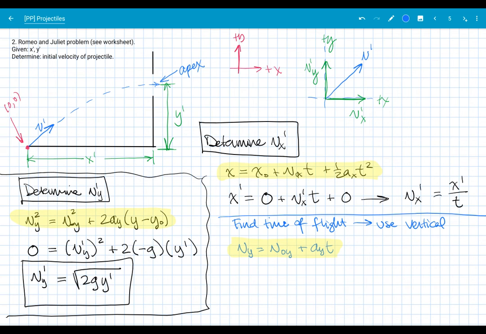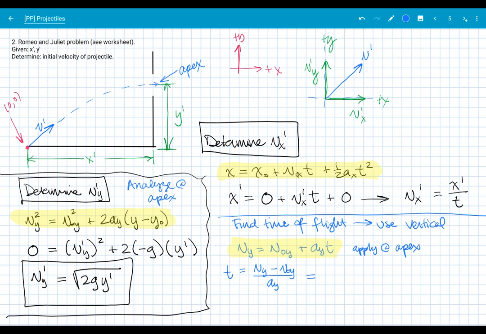So if I'm going to take that equation, I'll apply that right at the apex of motion, just to be clear. We did that over here where we were finding v prime y. So I would say here, analyze at the apex of motion, because we're given so much information about the apex. We know exactly where it is. So if I do that, solve for time, time is going to be equal to Vy minus V naught y over a sub y.